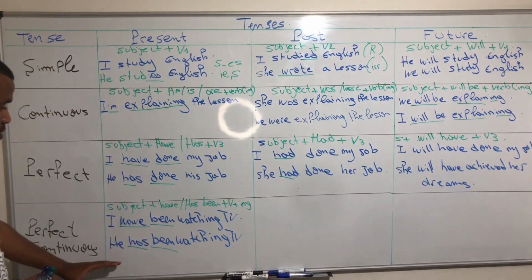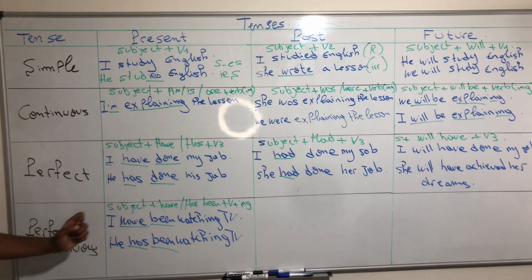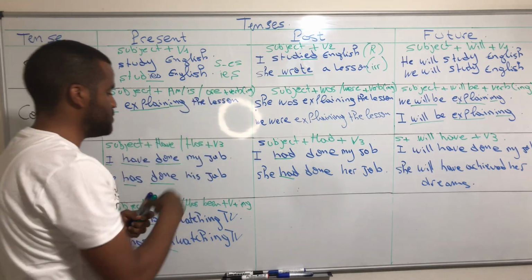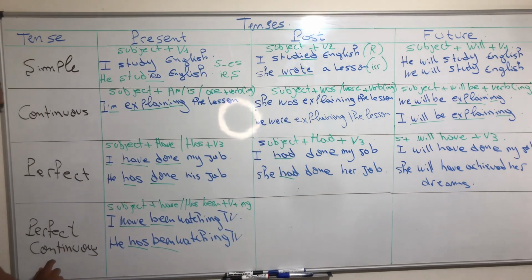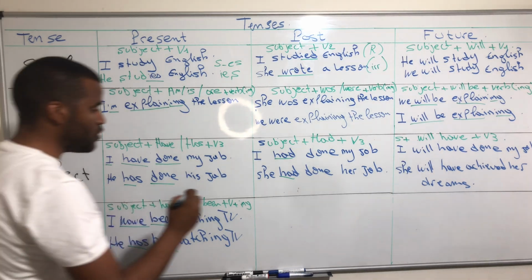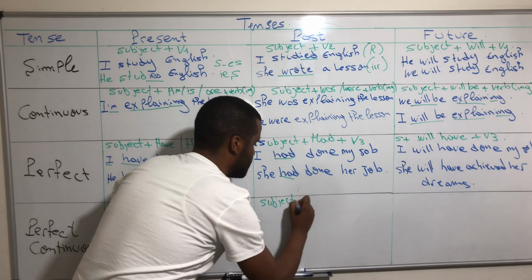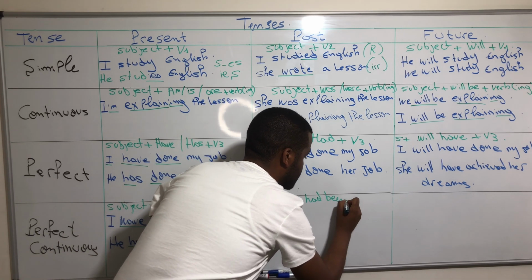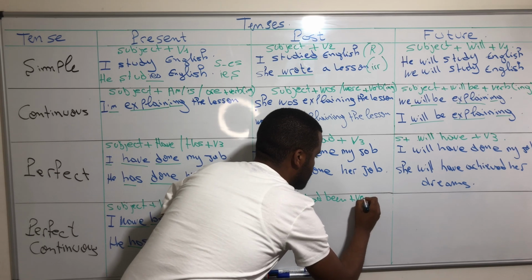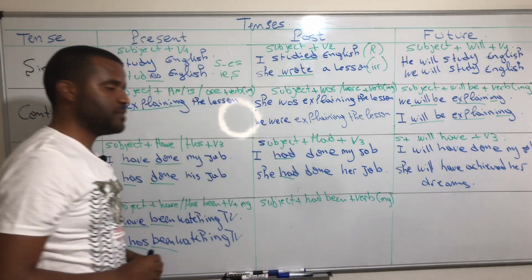Good. We move to the past perfect continuous. The rule of past perfect continuous is you need the subject plus had been plus verb in ing form.